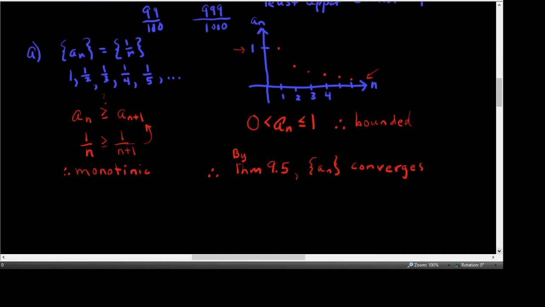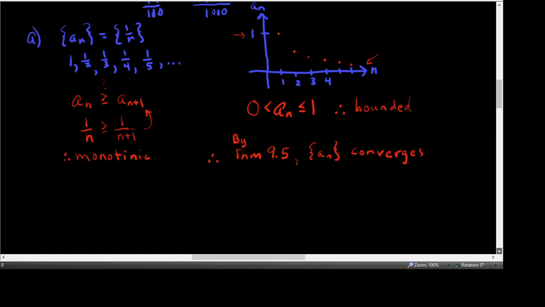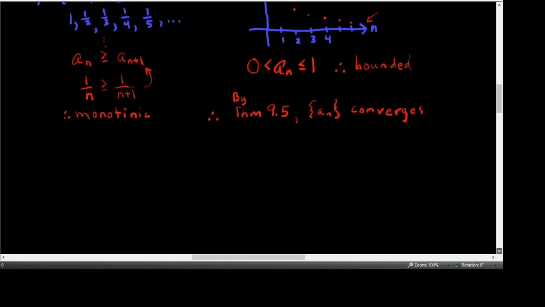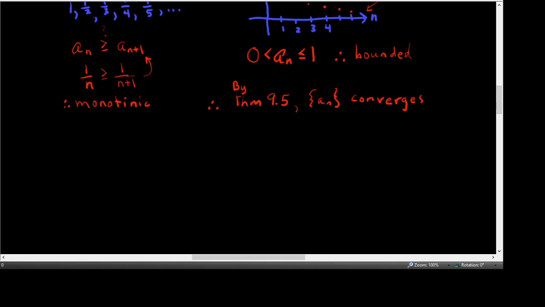Okay, let's look at another example. Let's look at b sub n. Okay, b sub n is defined as n squared over n plus 1.